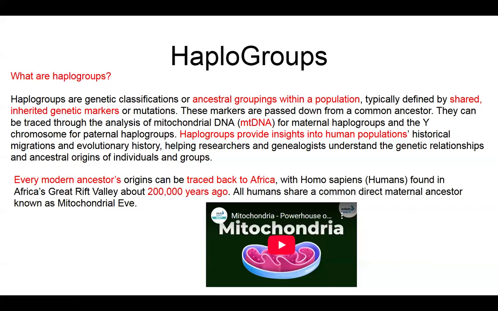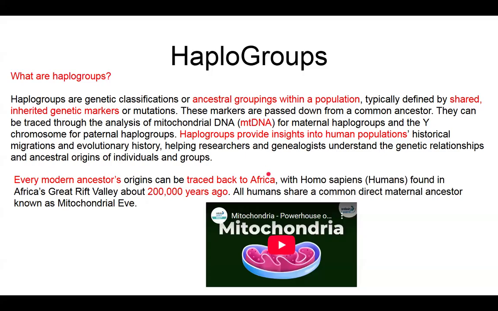We've heard this in the public information. This is the study that came up with this phrase that every modern ancestor's origins can be traced back to Africa. They figured this out by studying the ancestral haplogroups.